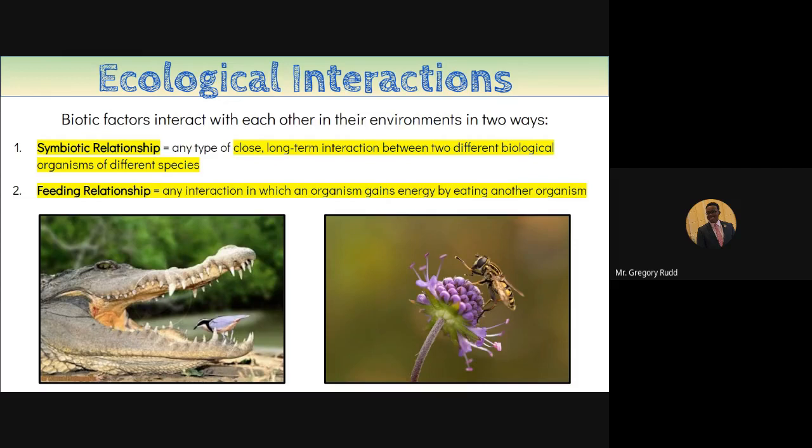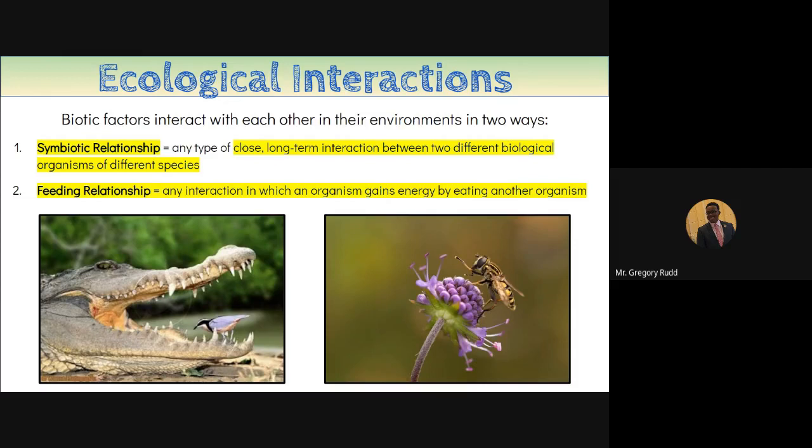So we're not talking about two humans interacting with one another to mate, or two insect species interacting with one another to protect their hive. In this case, we're talking about different species, organisms of different species, and how they interact with one another, sometimes in beneficial ways and in other instances in harmful ways that we'll talk about.